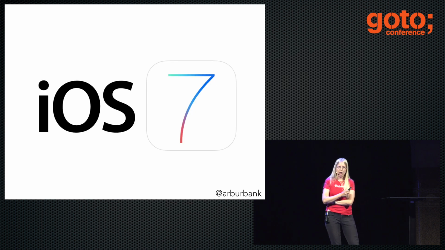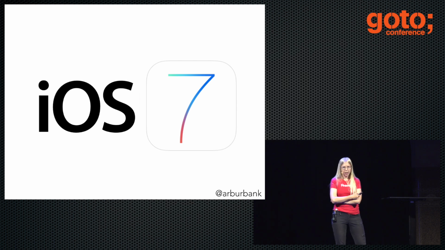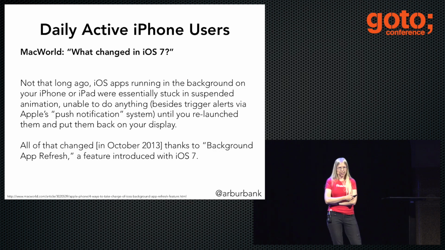So what's special about iOS 7? Well, if you look it up, what changed in iOS 7, says Macworld? Well, not that long ago, iOS apps running in the background were essentially stuck in suspended animation, unable to do anything until you relaunched them. All of that changed in October 2013, thanks to Background App Refresh, a feature introduced with iOS 7.